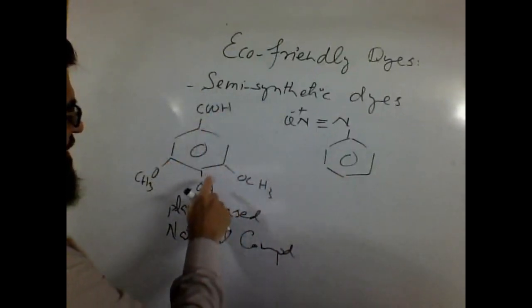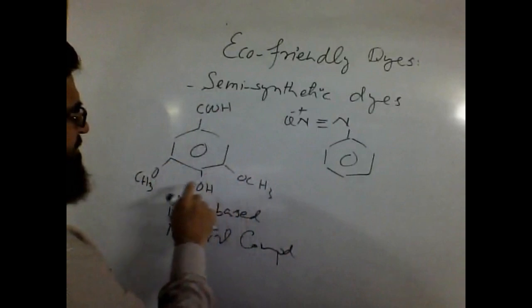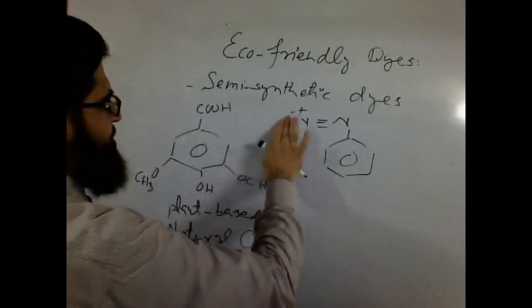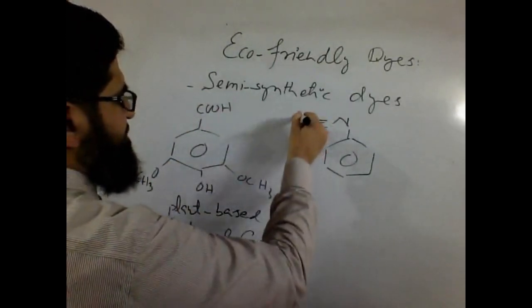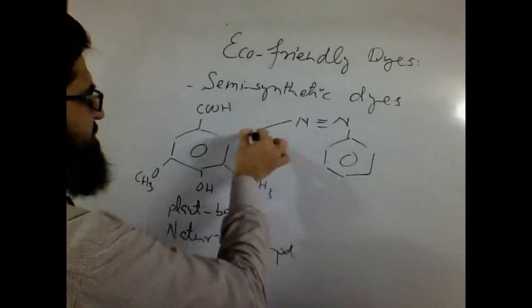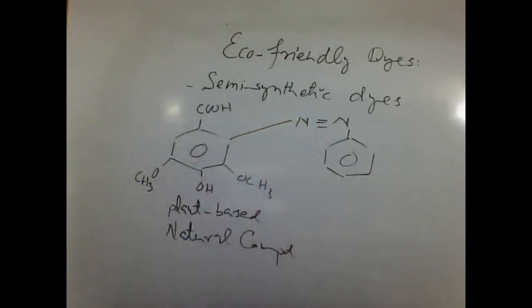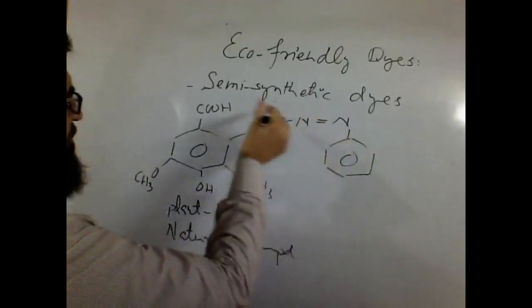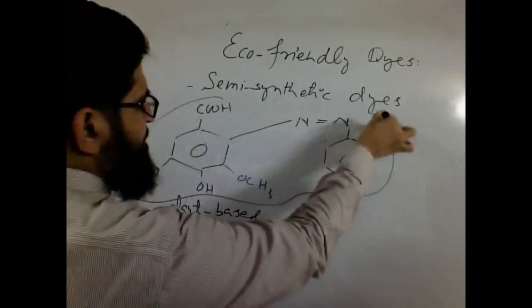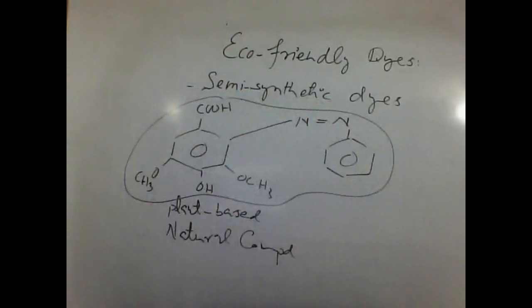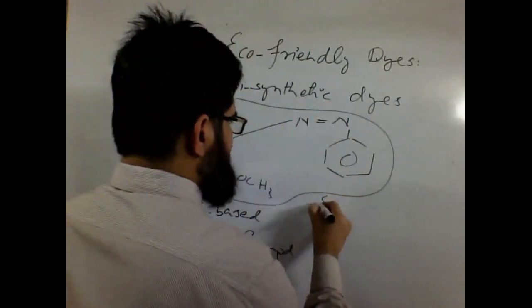We have an idea, as per the chemistry of the substituents at this ring, this electrophile gets attached at this position, giving us this sort of colorant that is really a semi-synthetic.